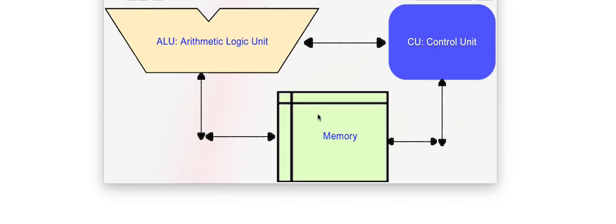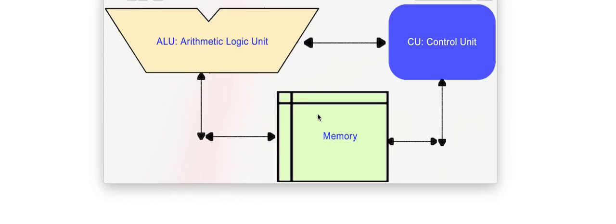So we've got our diagram here, and we can see the way that information flows in and out. Information flows between the CU and the ALU, between the CU and memory, and between the ALU and memory. But what we need for this to happen are things called registers.